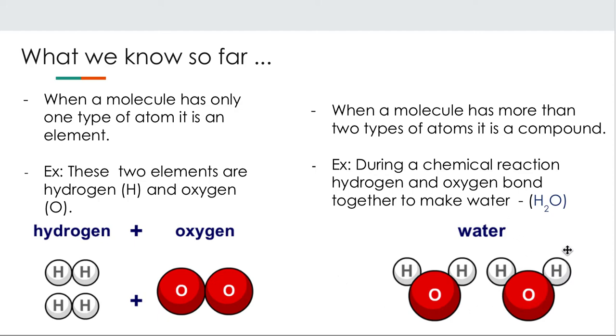So water right here is made from the hydrogen and oxygen atoms or elements, and they chemically bond together through a chemical reaction and they make H2O, right? We have water right here. Make sure to copy these examples in your notebook and make sure to draw it. You can pause the video right now to make sure that you have it in your notebook.